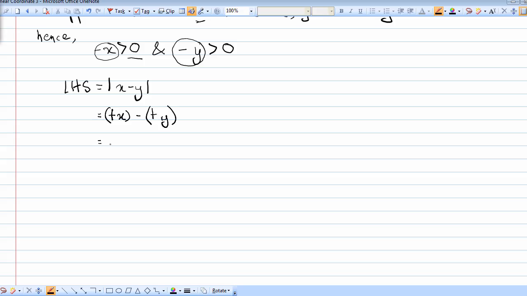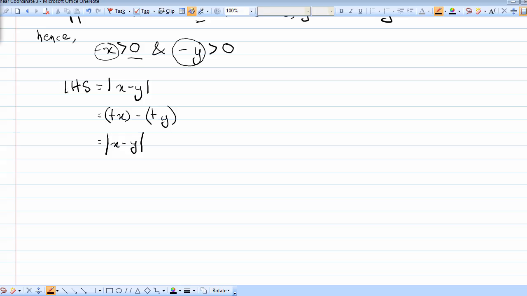And this gives us something like this: x minus, I shouldn't have applied that bracket. So x minus y, and hence this is just the same thing.